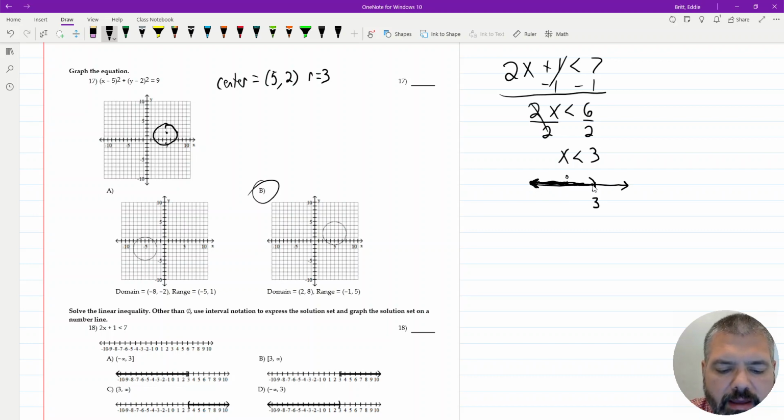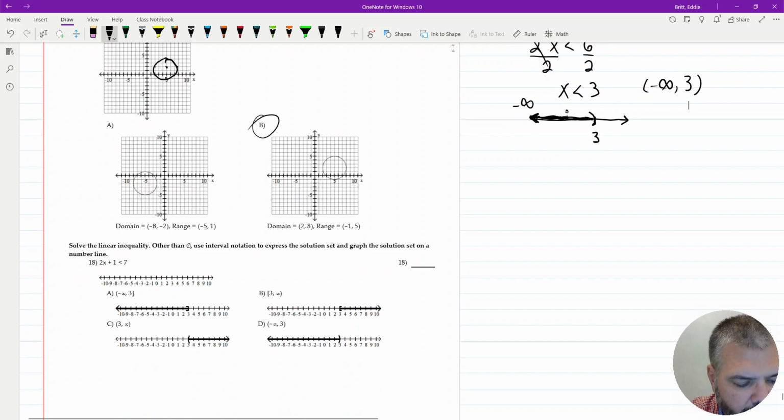If you want to write that in interval notation, remember to the left forever would be negative infinity. So you could write this as negative infinity to positive 3 with a parentheses. So I believe your answer has both of these. It has this graph and it has the notation. All right, and so this one has to be D, negative infinity to 3. See, it's a parentheses there, shaded to the left.